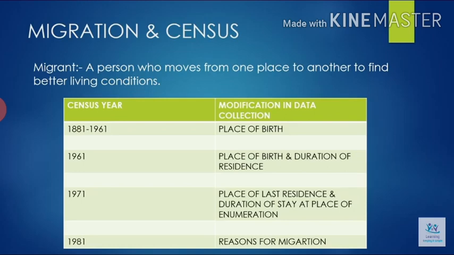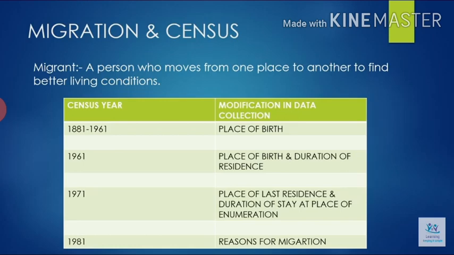Name any 4 components of migration recorded in the census of India. The answer is: first is place of birth, second is duration of residence at place of enumeration, third is place of last residence, and the fourth is reasons for migration.